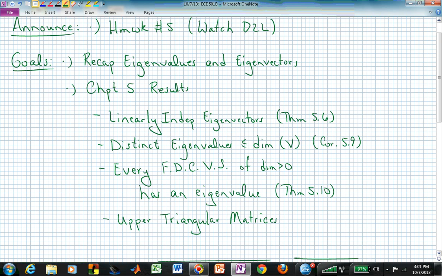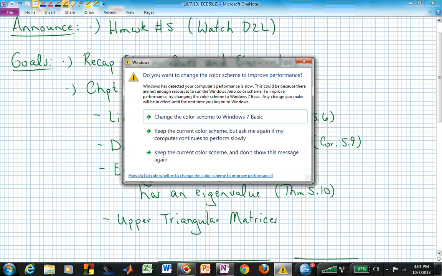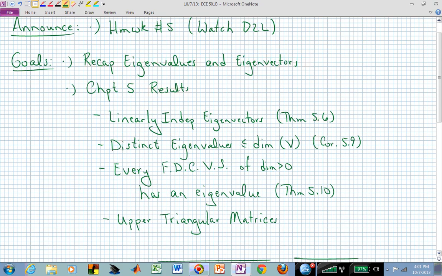One is, once you have distinct eigenvalues, if you find their corresponding eigenvectors, those are linearly independent, those columns or those vectors. That's theorem 5.6. You can only have the possibility of having distinct eigenvalues up to the dimension of your vector space, which is, let's say, of dimension V. That's corollary 5.9.